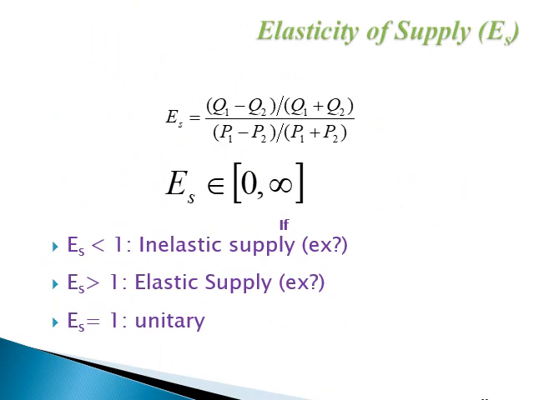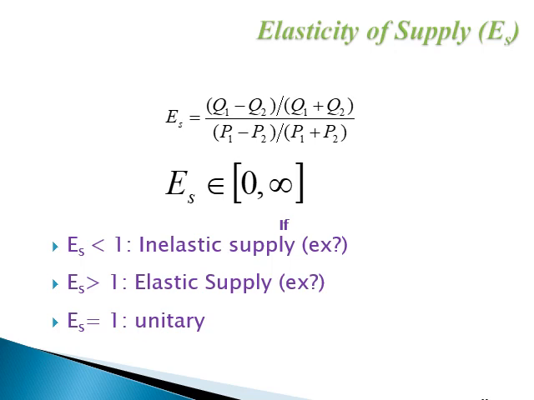Now, remember, we have a relationship between the quantity supplied and the own price of the commodity. When the own price of the commodity changes, the quantity supplied will change accordingly. The elasticity of supply is a concept that tells you how to measure by how much.